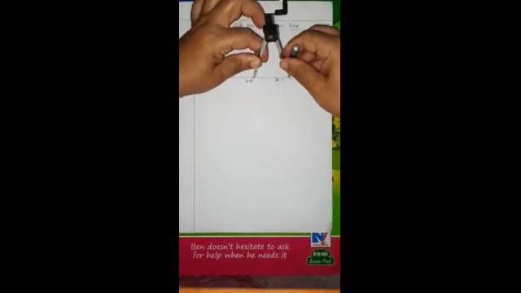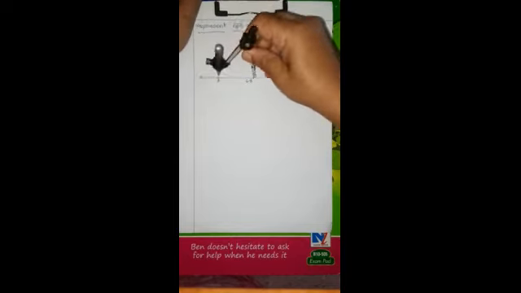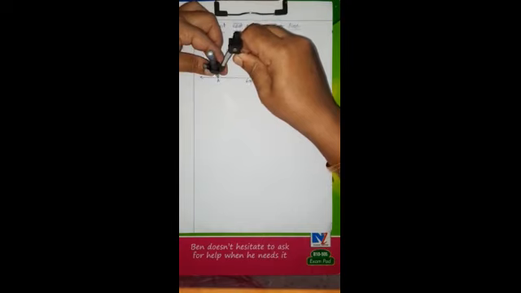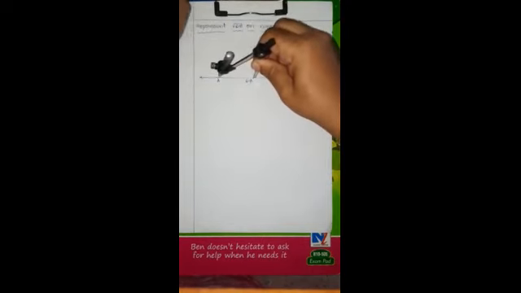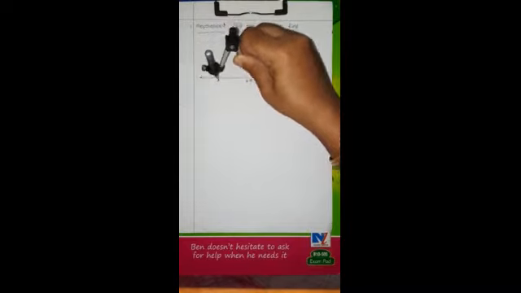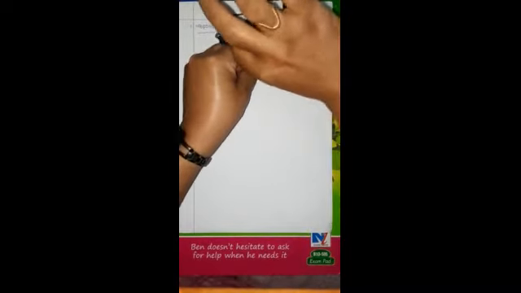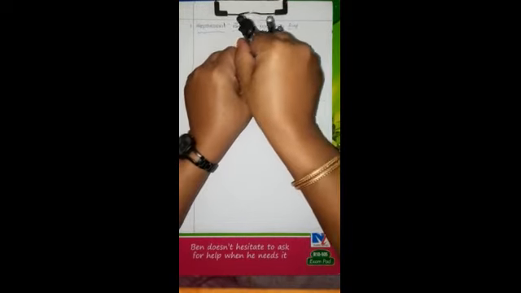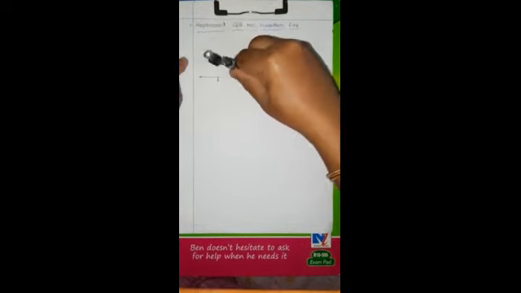See, OC and AC both are equal. Now, draw with the O as the center, draw a semicircle passing through AC. Right? Yes, in this way, draw a semicircle.